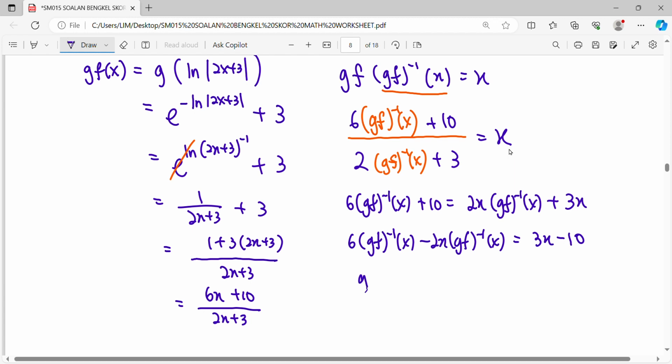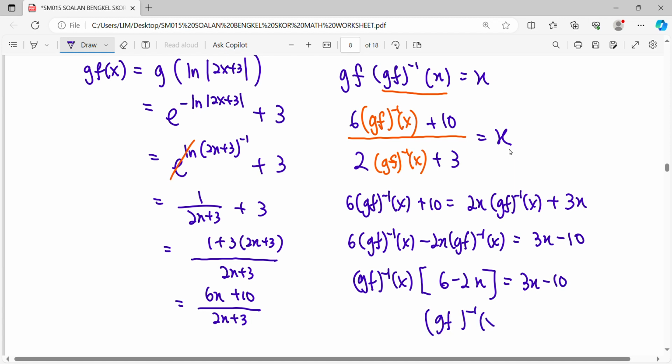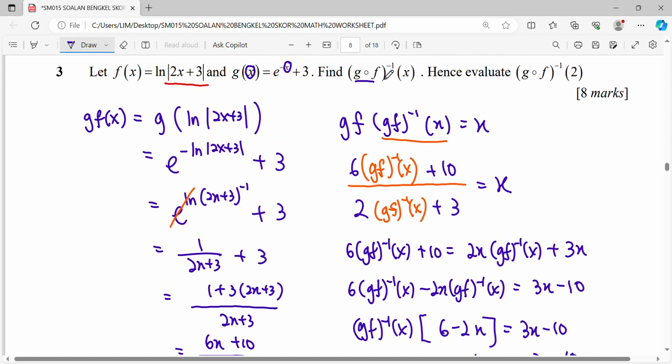And factorize out your gf inverse. You have remaining 6 minus 2x. So finally you get your inverse function. So that will be our first part of the question. Hence, evaluate by substituting value 2.